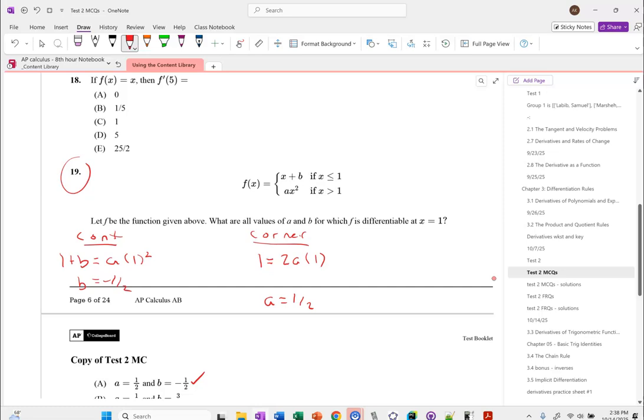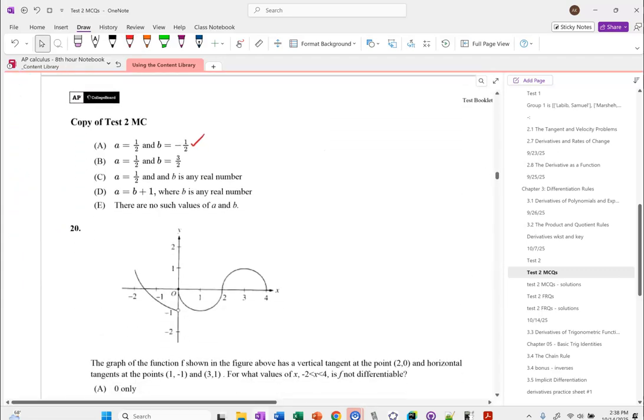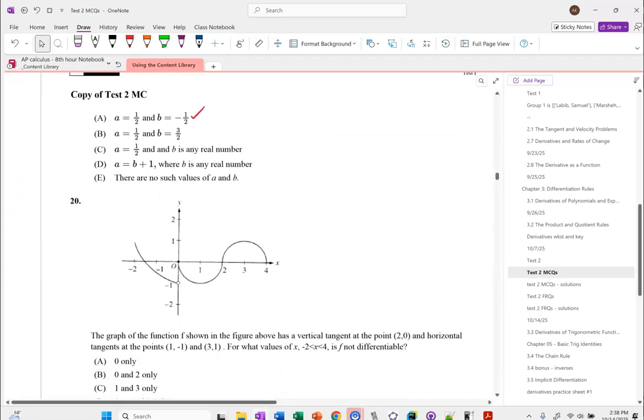Again, it uses that same idea that we talked about. Wait, I thought that 1 plus b is equal to a. I wrote it right here, right? Yeah. So if I subtract 1 from both sides, b is negative 1/2. Okay? You'd see it if you wrote it down.